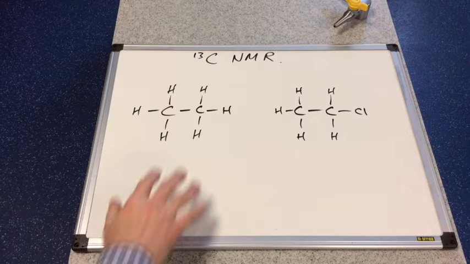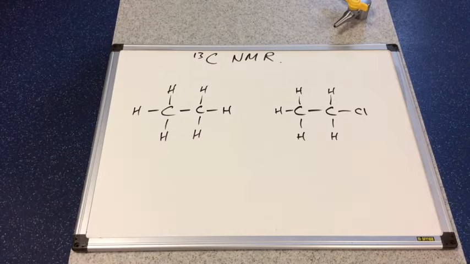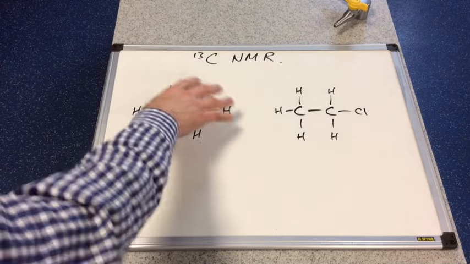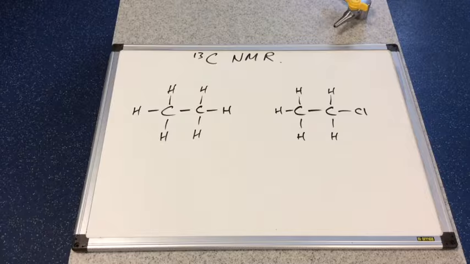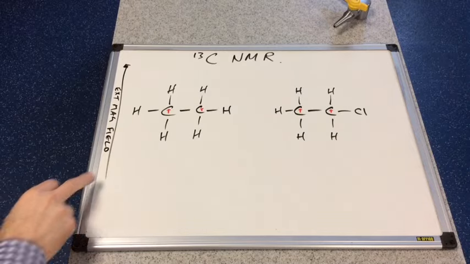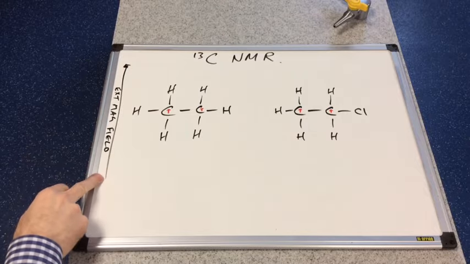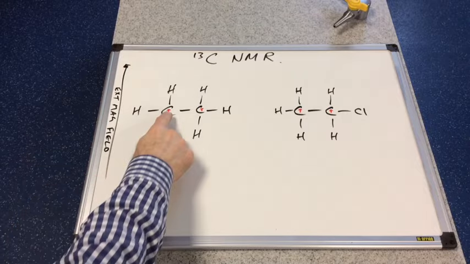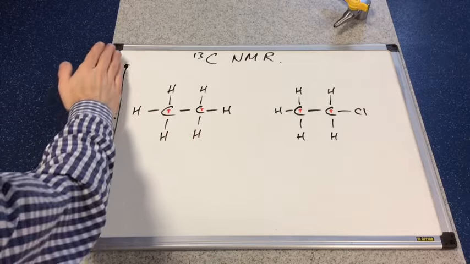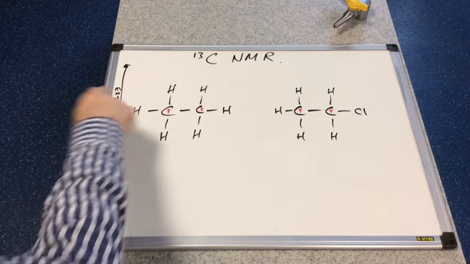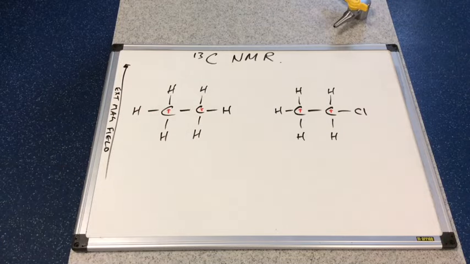So if we had some ethane or chloroethane, then the carbon-13 isotope is 1% abundant. So in a mole of ethane or chloroethane, you would have carbon-13 nuclei present. You can see I've added the direction of an external magnetic field, and I've put the spin states running in the same direction as the external magnetic field.